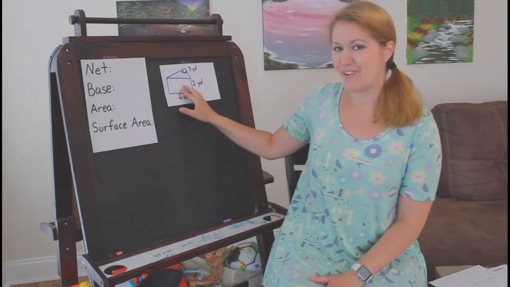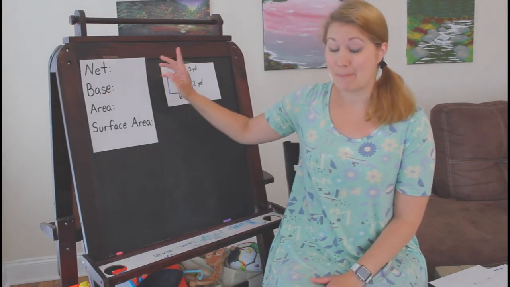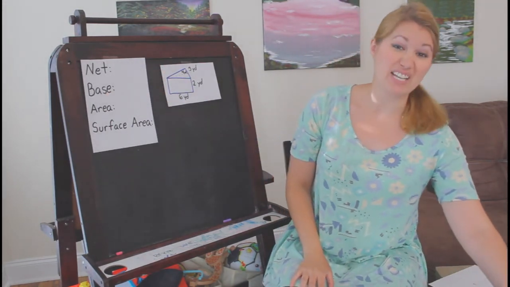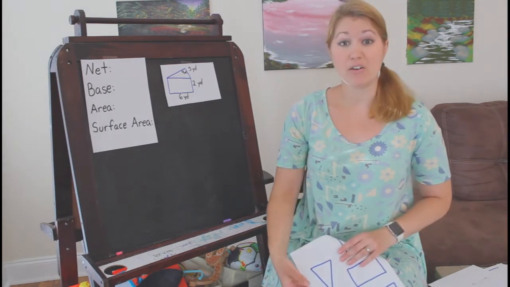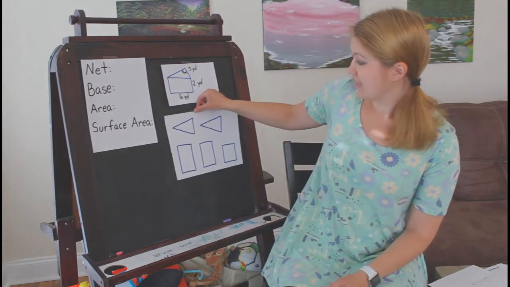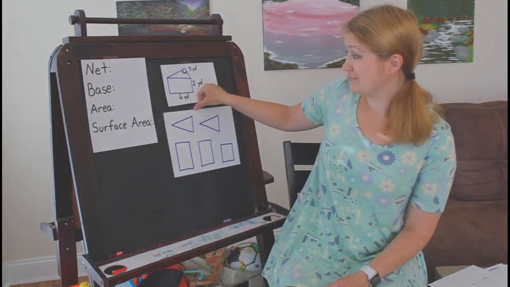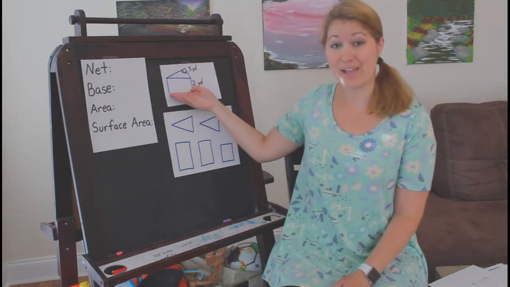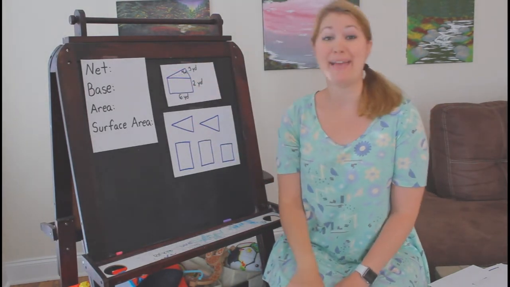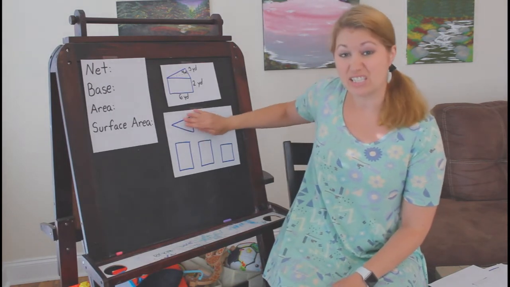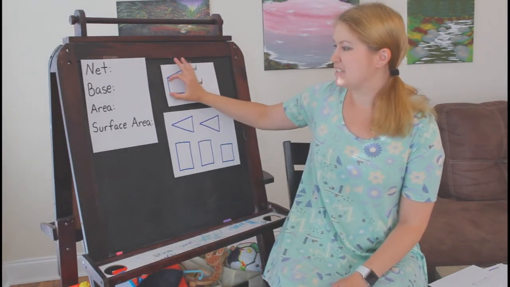Now, if I want to find the base for it, I'll start out, it's going to look like a triangle. So my top and the bottom of my shape, that's going to give me my bases. That's going to look like triangles. Then I have some rectangle sides.